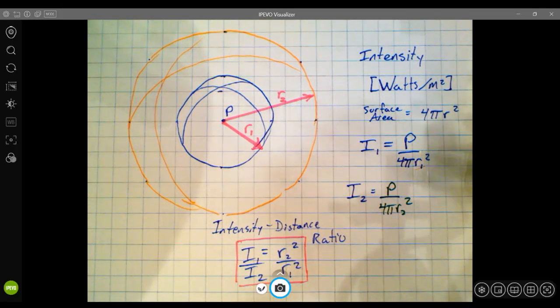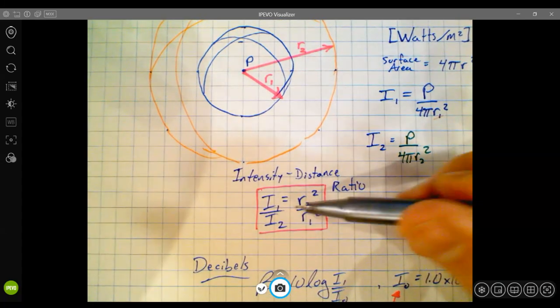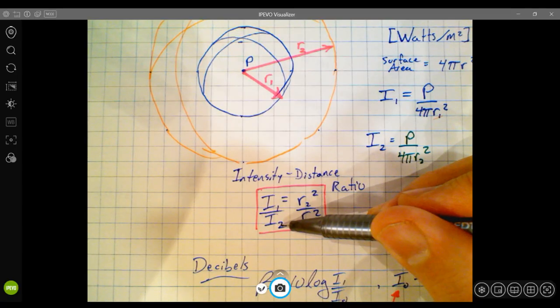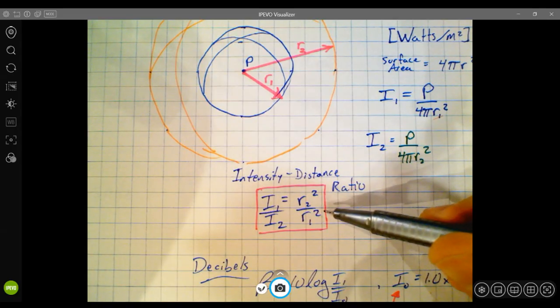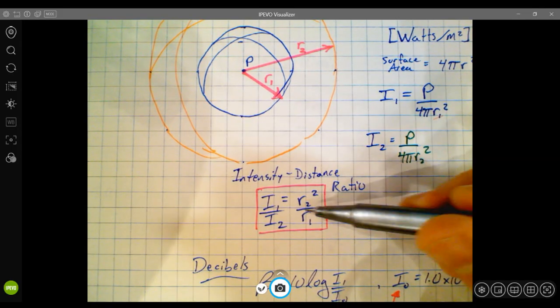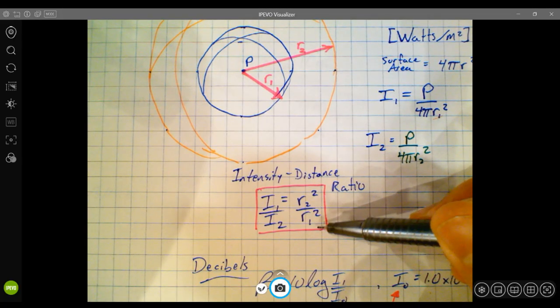Now, if we take these two intensities and produce a ratio, we can say I1 over I2 would be P over 4 pi R1 squared divided by P over 4 pi R2 squared. We could show our work, and you can go back to the notes to figure out how this all shuffles out. But I1 over I2 is equal to R2 squared over R1 squared.